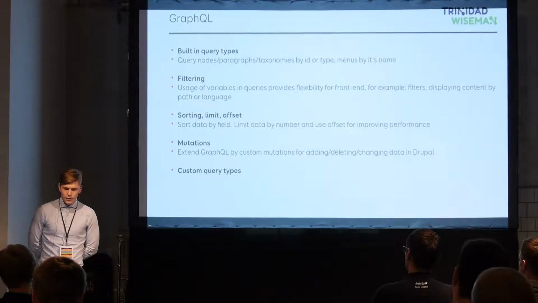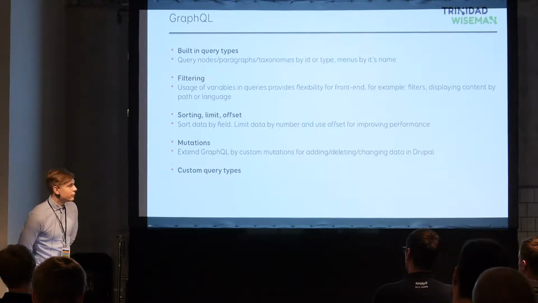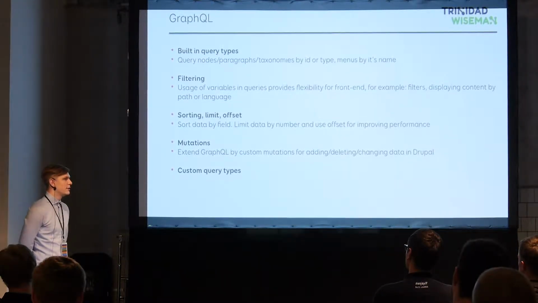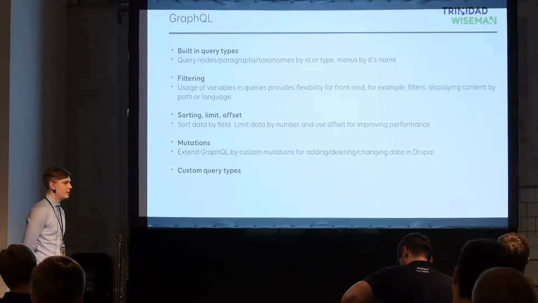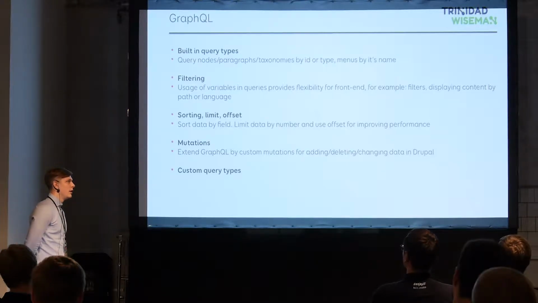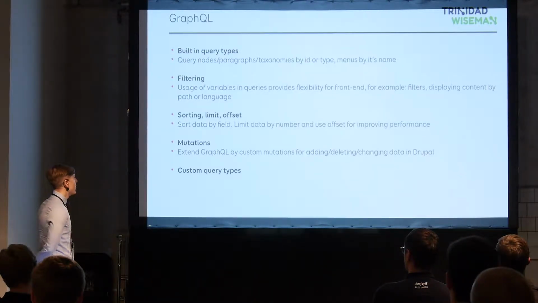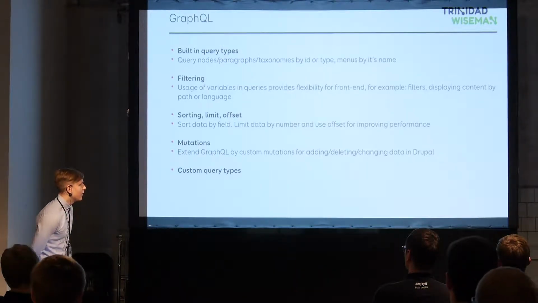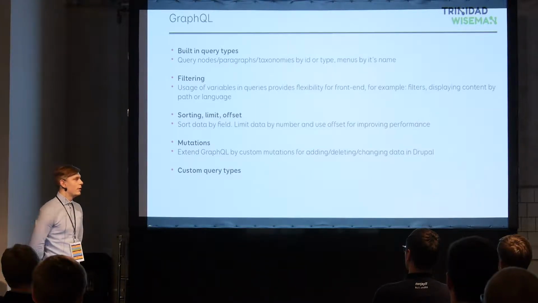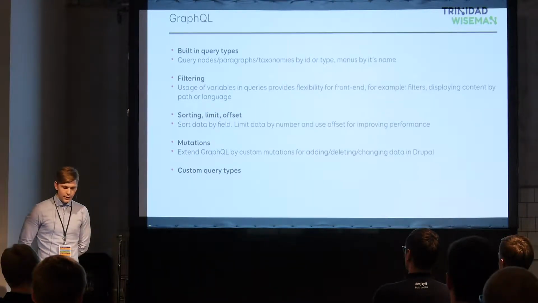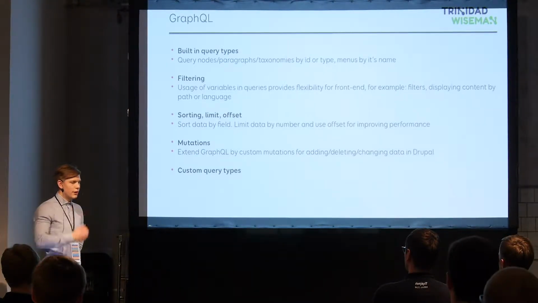And a little weird thing we have in GraphQL Drupal is the mutations. You can create custom mutations, which means that you can insert or remove data from a content type, for example, but it doesn't have any automatic derivative of the content types built in there like it has with other queries.